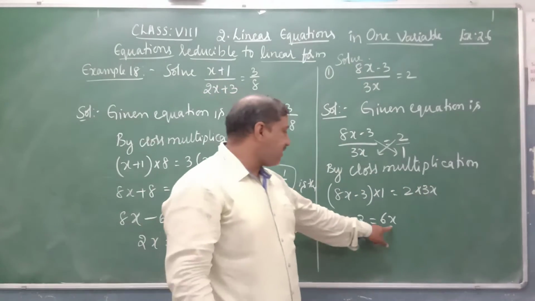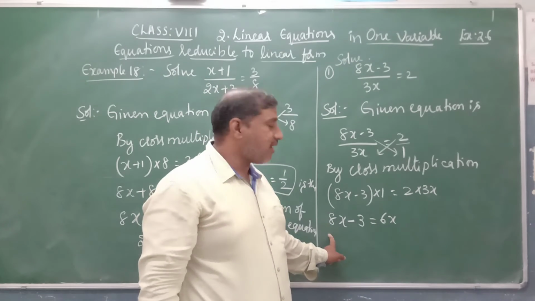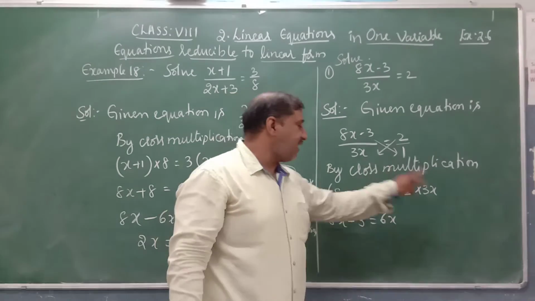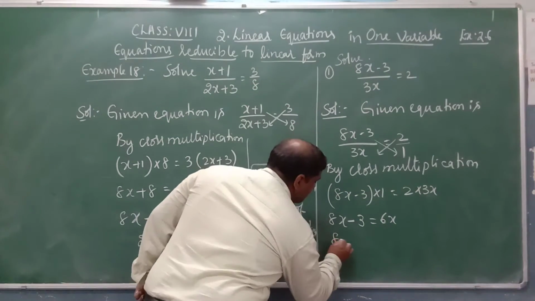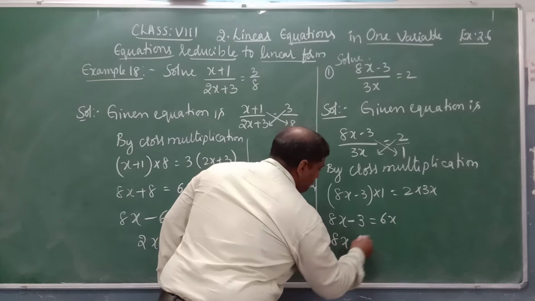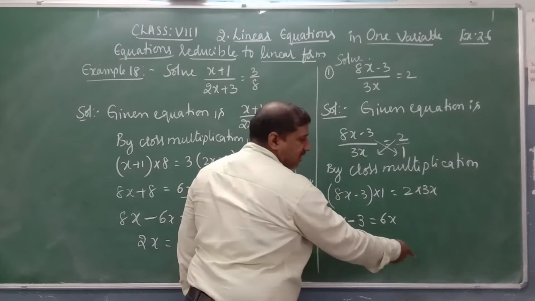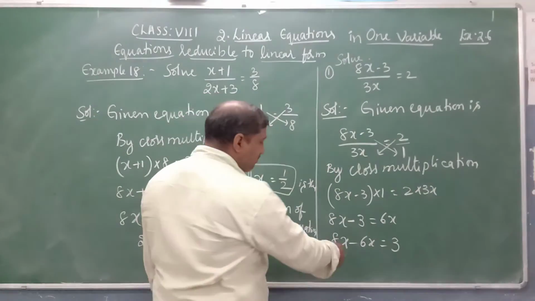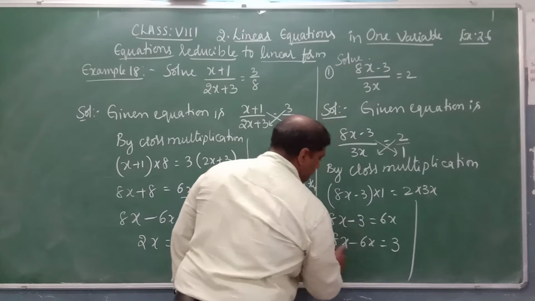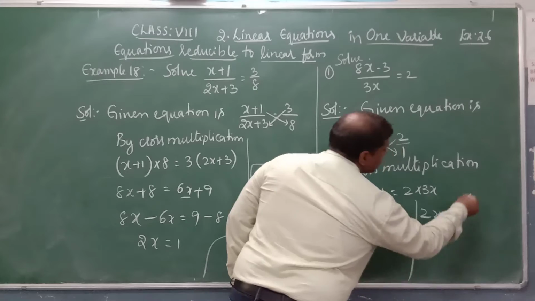Now transpose 6x to LHS and minus 3 to RHS. So plus 6x becomes minus 6x, so 8x minus 6x is equal to minus 3 transposed to the other side, becomes plus 3. Now 8x minus 6x: 8 minus 6 is 2. 2x is equal to 3.